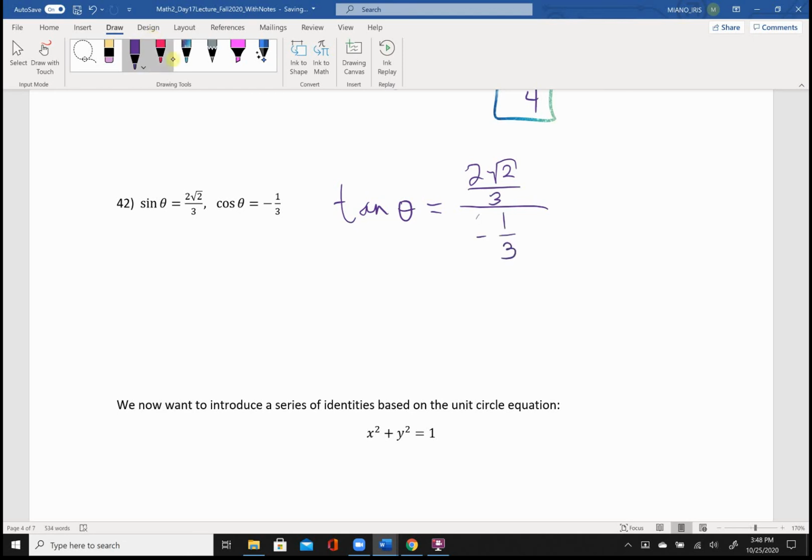Just like we had for the previous one, notice that your denominators are the same, so they can just cancel out. The denominator therefore becomes a 1, so this will all live in the numerator, and then yes, it will be negative, so pull that out in front. So the tangent theta in this scenario is -2√2.